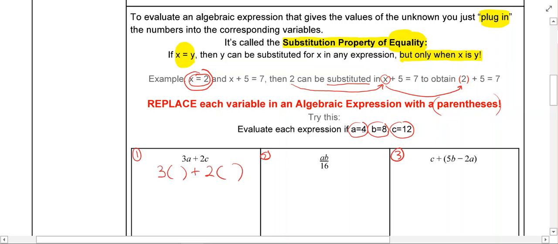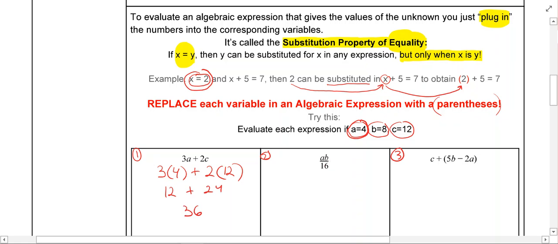It is 4. A is 4, so 4 goes here. C is 12. C is 12, so 12 goes here. We just substituted A for 4 because they were equal. Where are they equal? It declares that they are equal. All right, so this is 12, and this is 24, and we get 36.